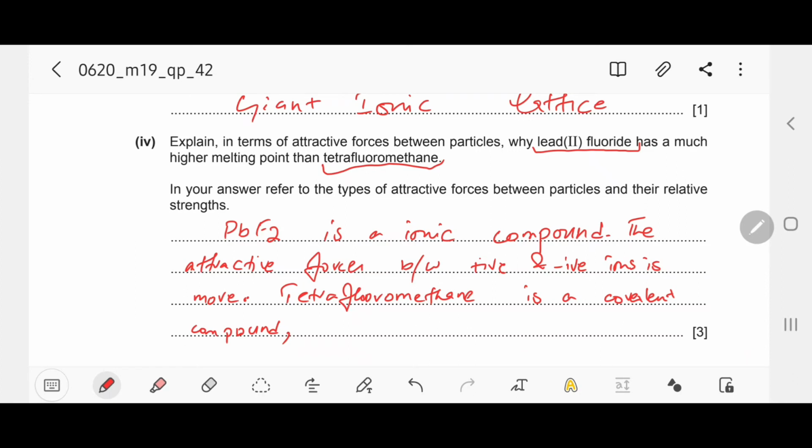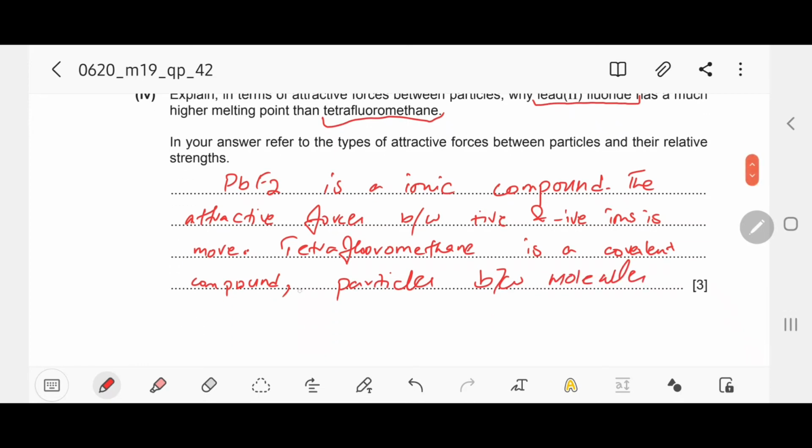Remember, we should also say that it's a kind of molecule, and the particles between molecules have low attractive forces between them.